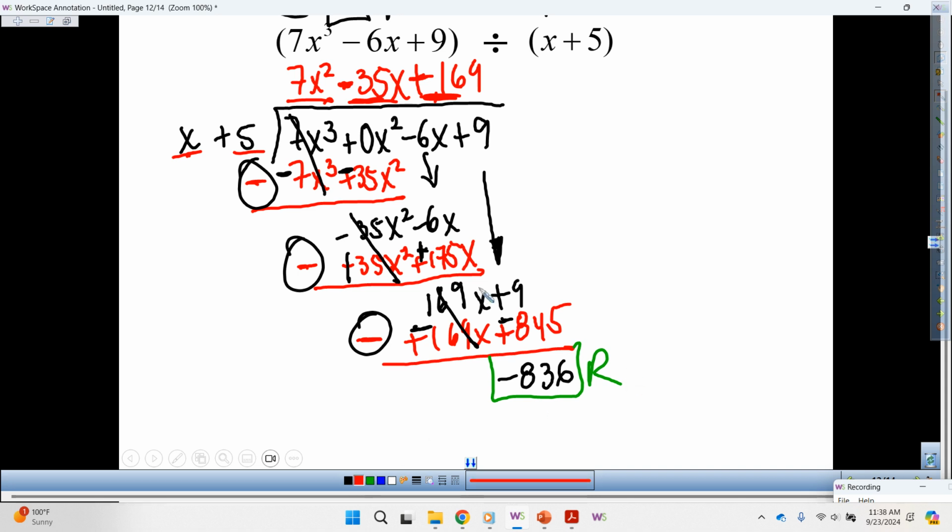All right, so if I was to ask you for the answer for this one, you write what? 7x squared minus 35x plus 169. Is that correct? However, now that we have a remainder, do this. Put a little plus sign and a fraction bar.